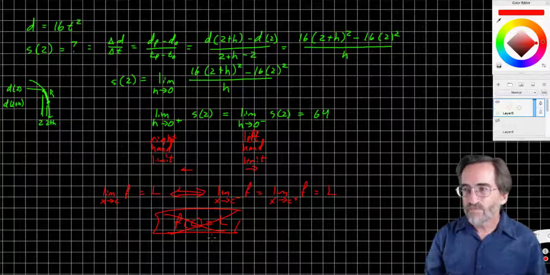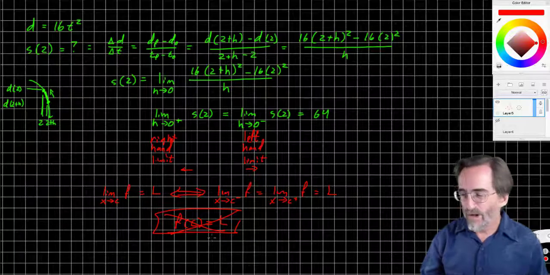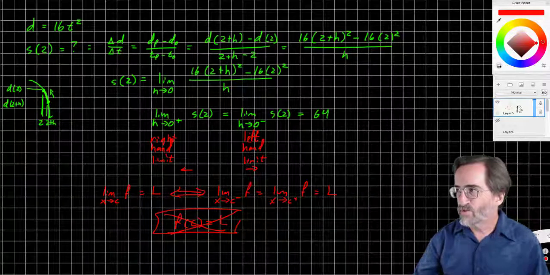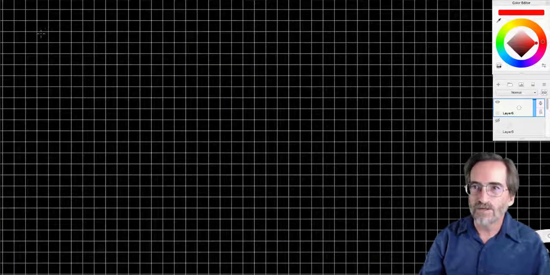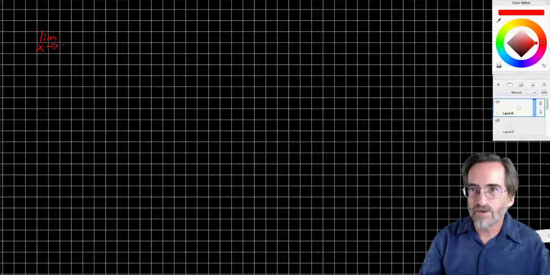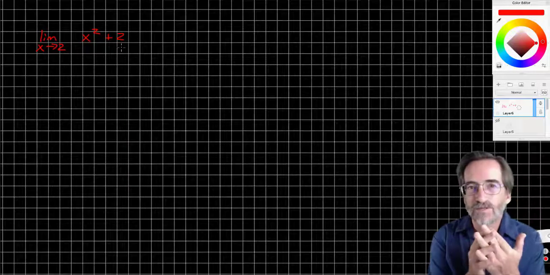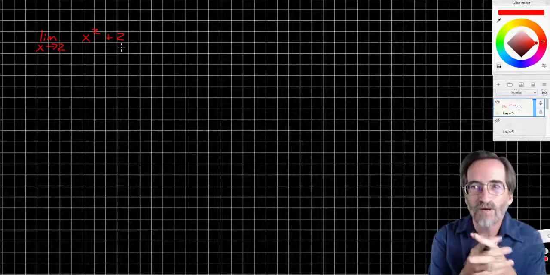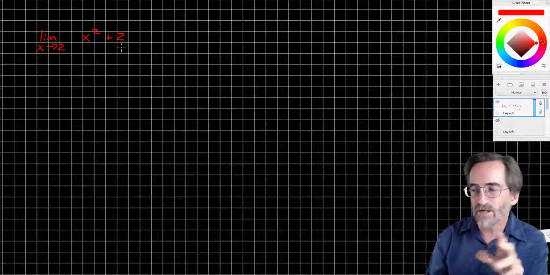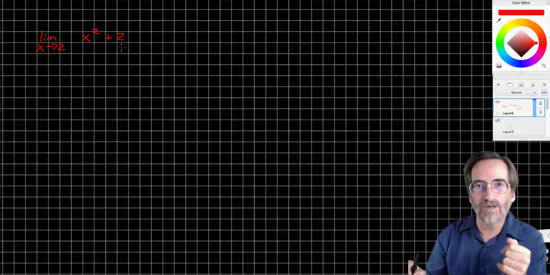Okay. Now there are some special rules about this that are important to keep in mind, some ways that we can break things down. So for example, if I want to find the limit as x approaches 2 of x squared plus 2, first of all I ask myself, is this a continuous function? By continuous I mean, can it be drawn without picking up my pencil?